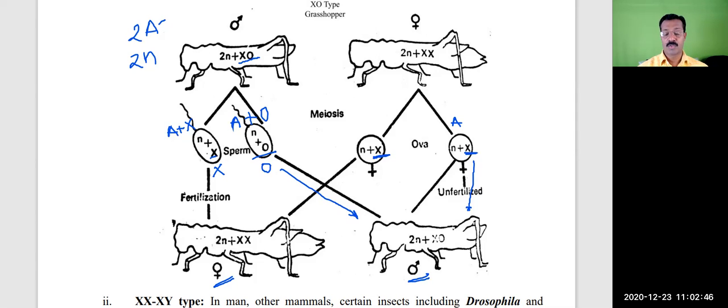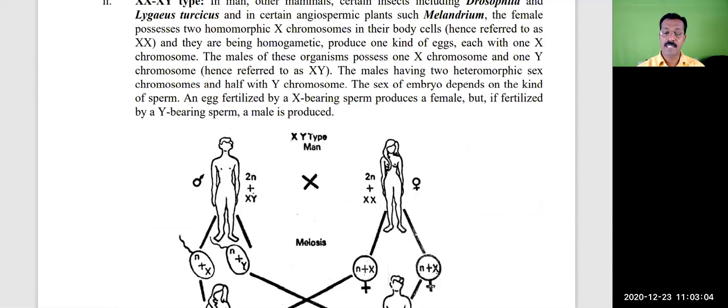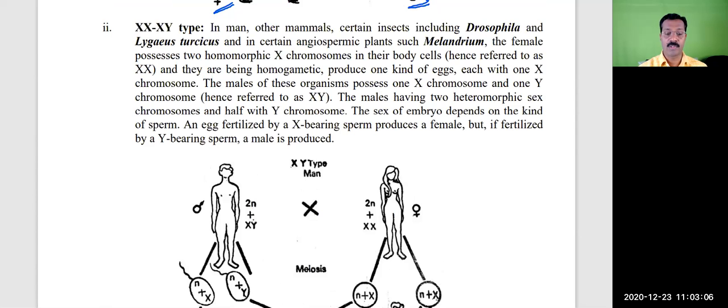Okay. So this is about one type of heterogametic male. In the other form of heterogametic male, that is XX and XY type, I think this example is familiar to you.